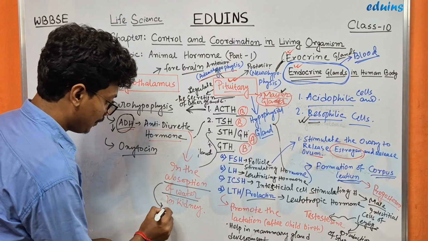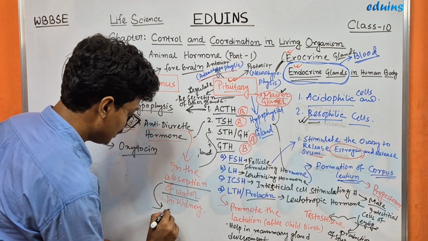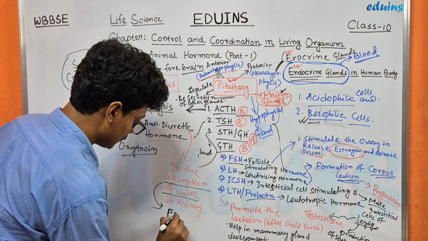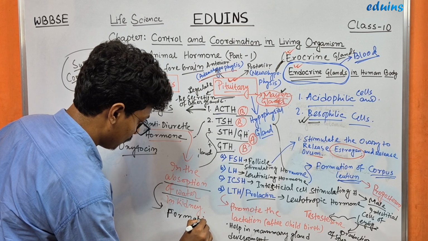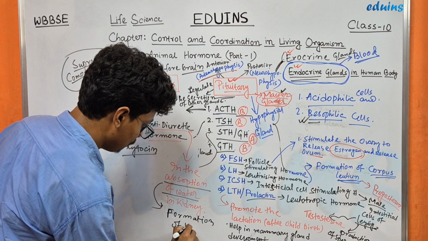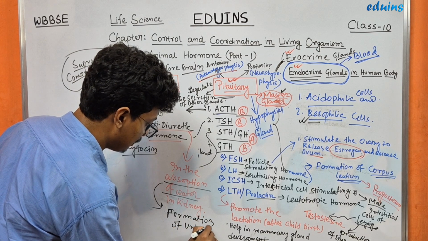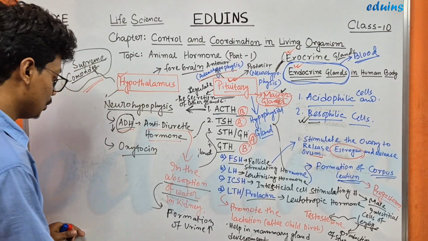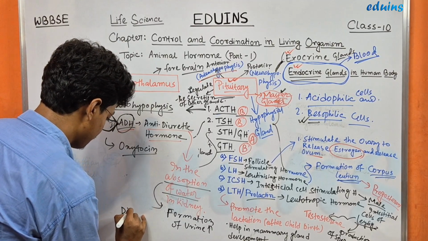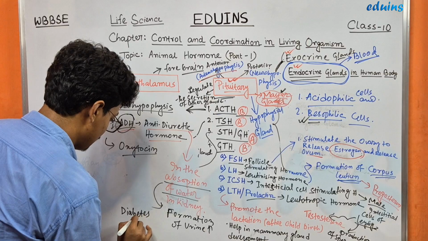That's why the formation of urine is increased, and this condition is known as diabetes insipidus.